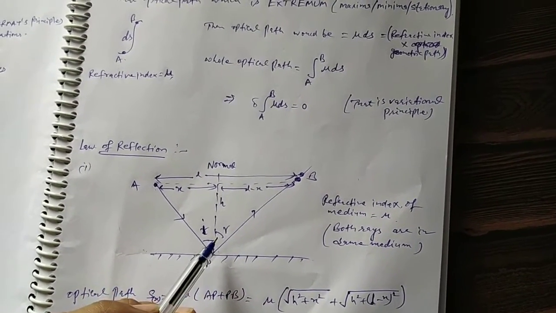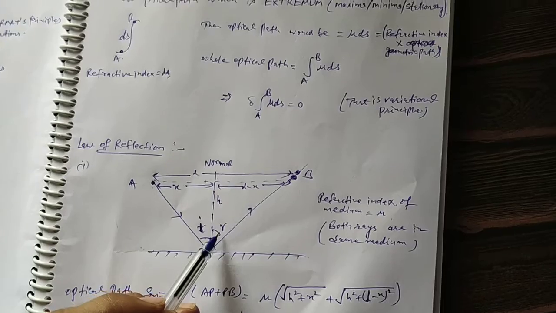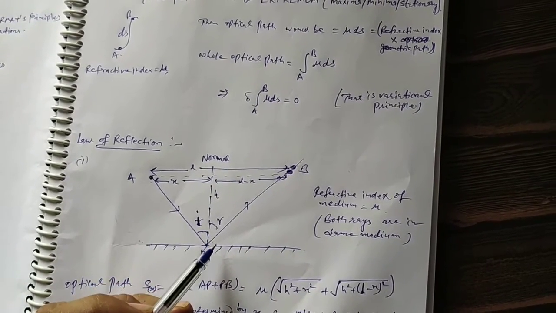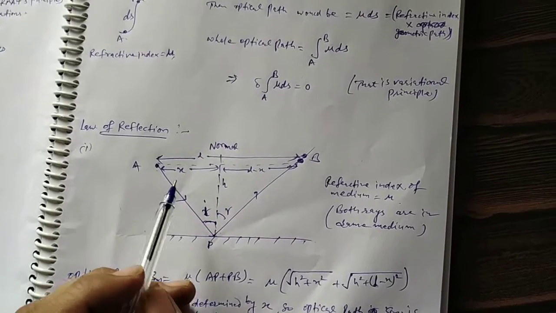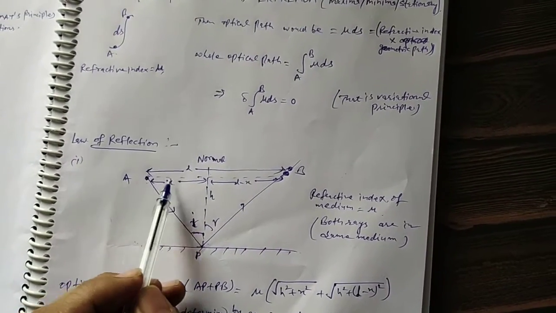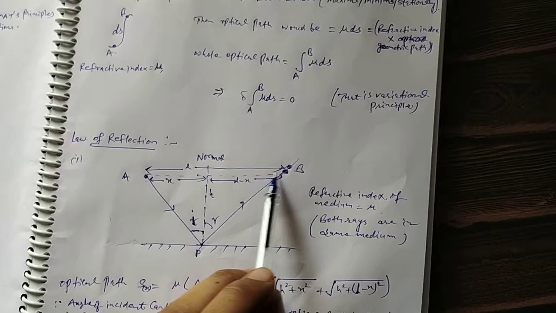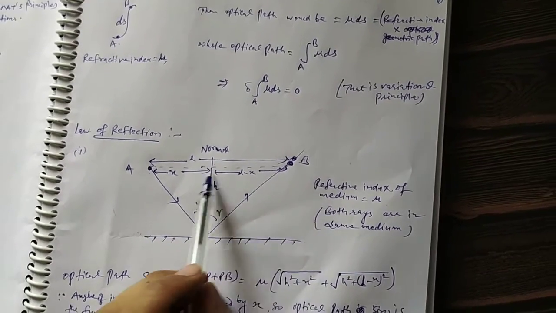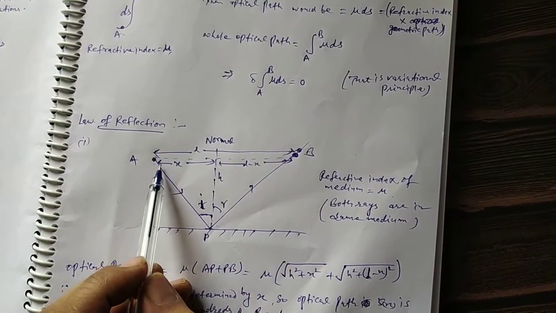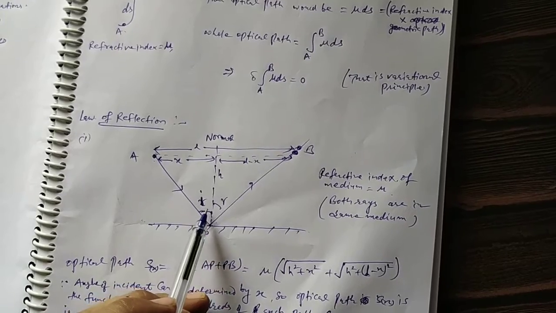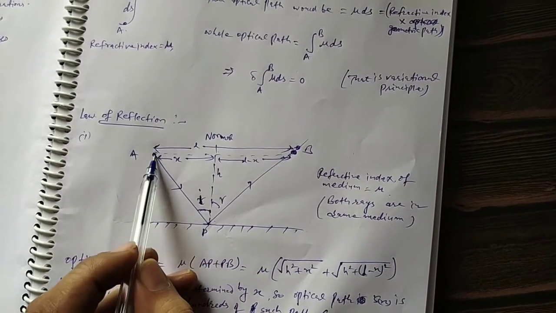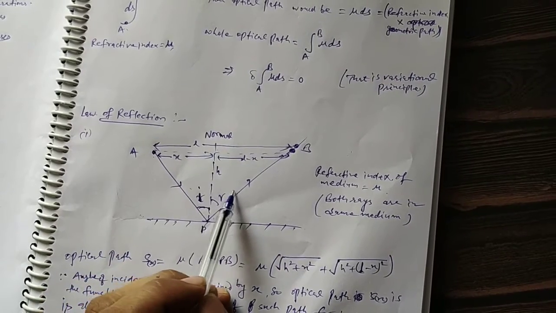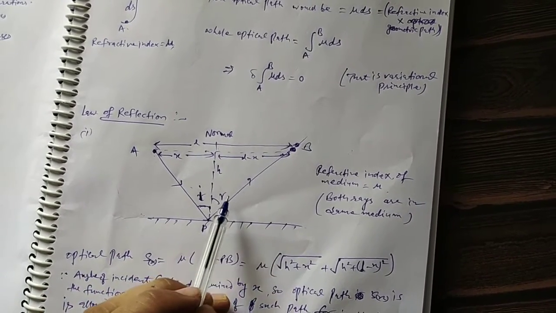We note that these angles I and R are always measured with respect to the normal. So if we establish a relation between I and R, then by choosing I we can find R.